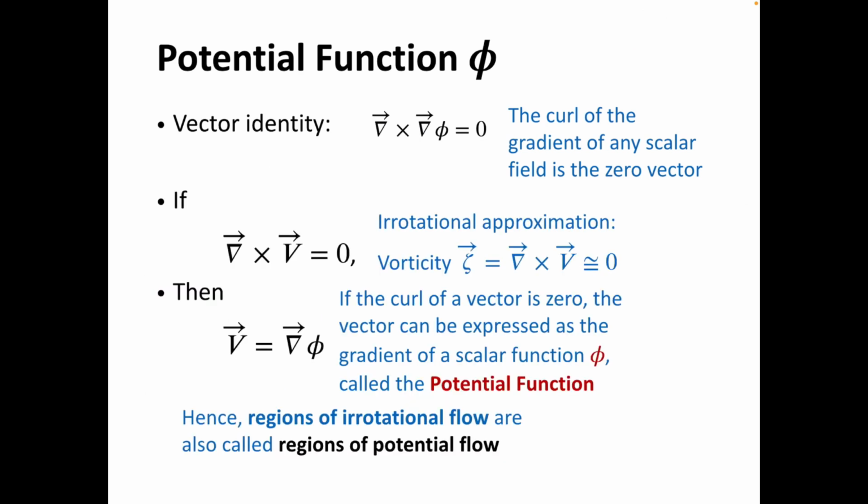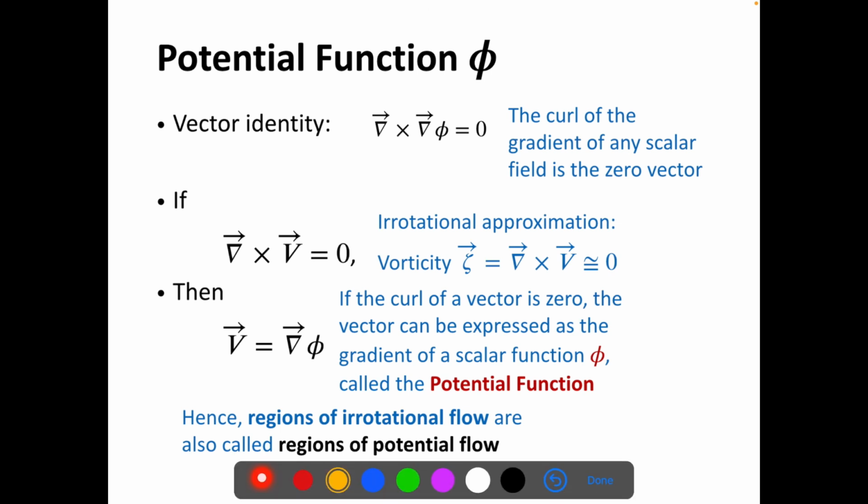So you know the vector identity: nabla cross product nabla phi is equal to 0, where the curl of the gradient of any scalar field is the zero vector. This is an identity. If nabla cross product V is equal to 0, this is from your irrotational approximation. This is for your vorticity.